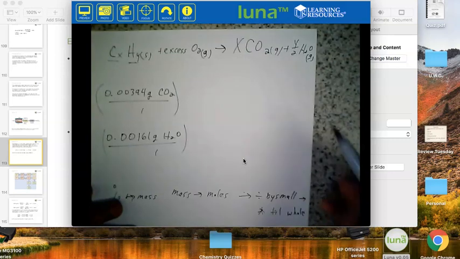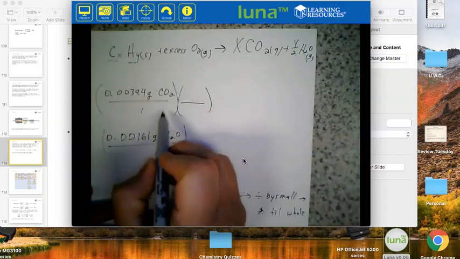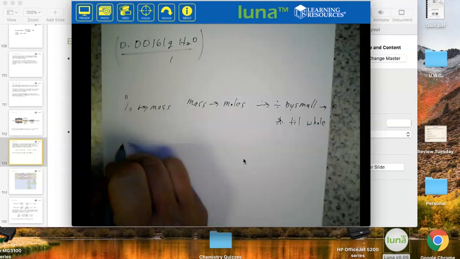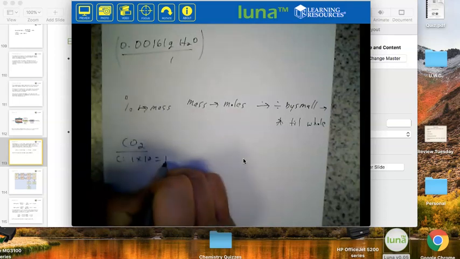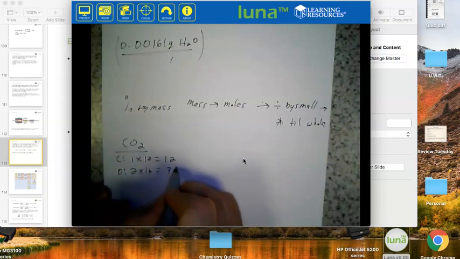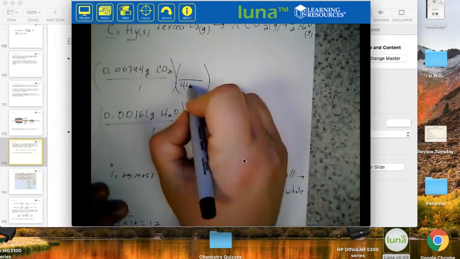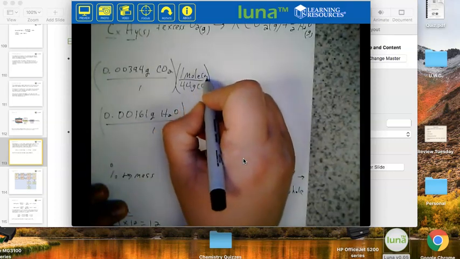Alright, so let's go from mass of CO2 to moles of CO2. We need to find the molar mass of CO2. So here's CO2. It's 1 times 12, which is 12. Oxygen's 2 times 16, which is 32. So that's 44 grams per mole. So 44 grams of CO2 is equal to 1 mole of CO2.